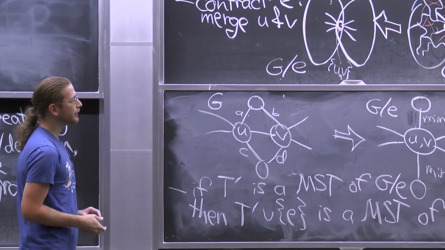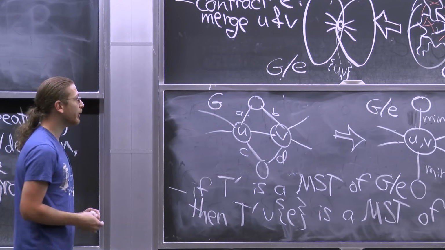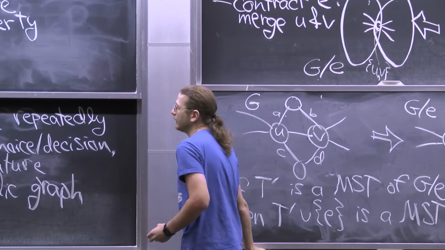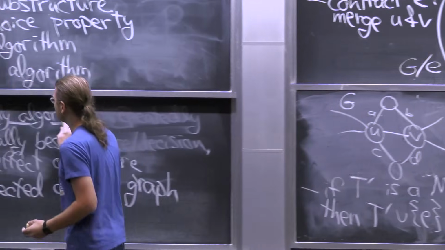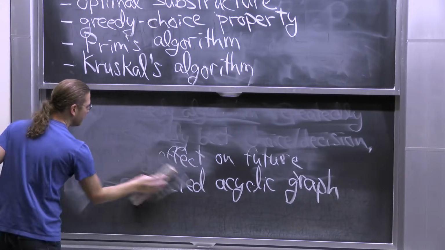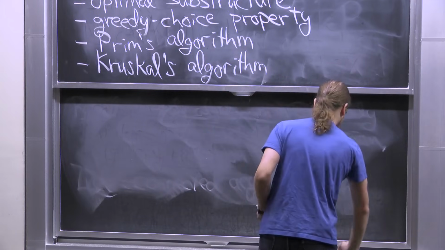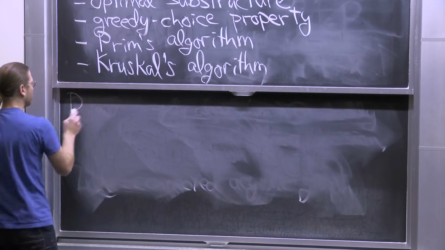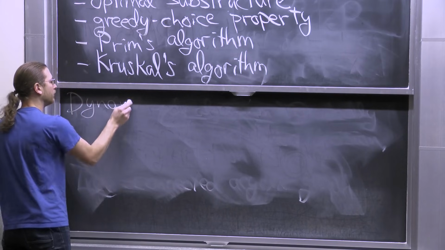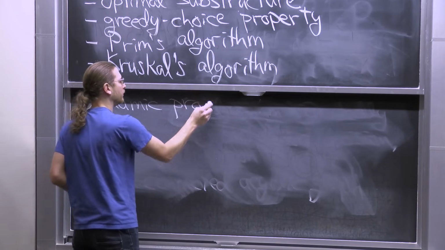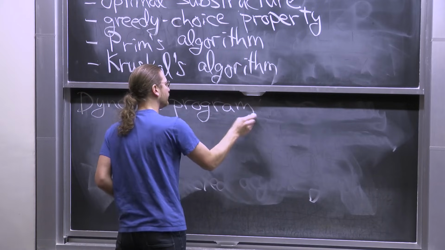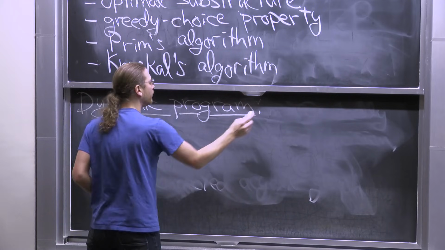So overall, you can think of this as a recurrence in a dynamic program. And let me write down that dynamic program. It won't be a very good dynamic program, but it's a starting point. This is conceptually what we want to do.